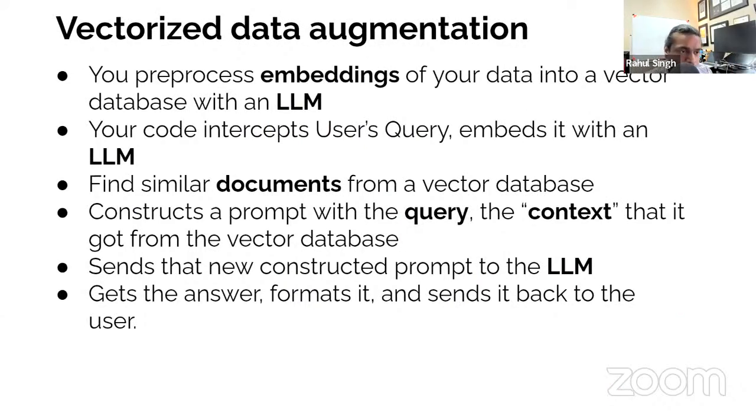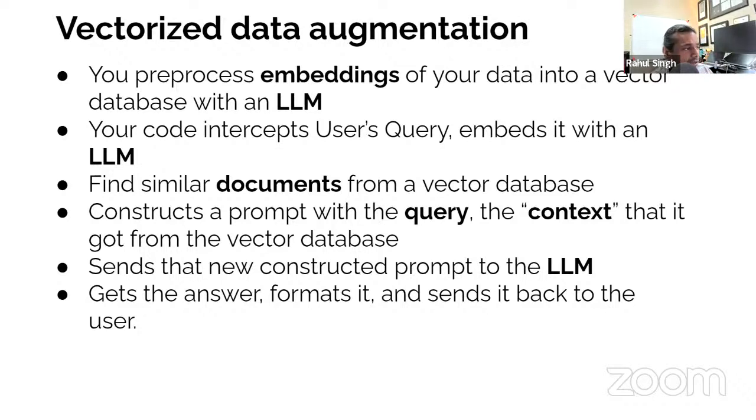And we need an LLM's help to do that embedding, because the LLM has an algorithm that's created out of the neural network that can take words and map them to numbers in an n-dimensional vector space. You can't really visualize an n-dimensional vector space, but just imagine three-dimensional vector space, and each word, each sentence, each document basically lives in some space because it can be vectorized into numbers.